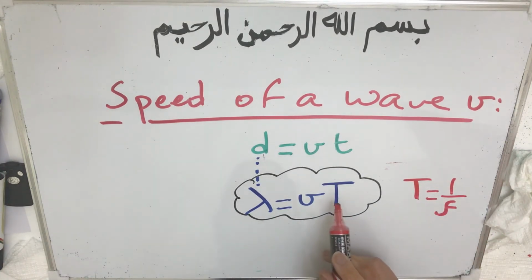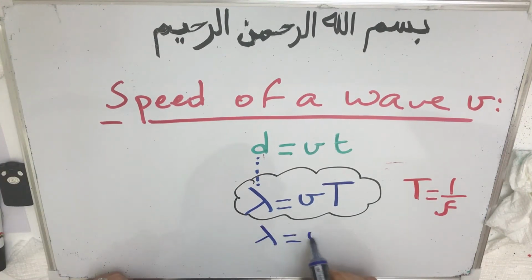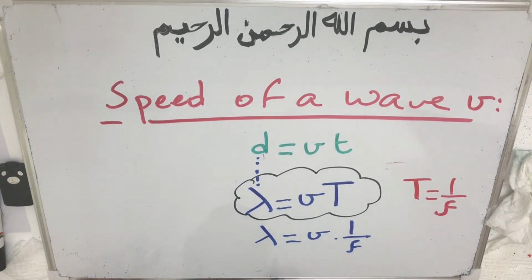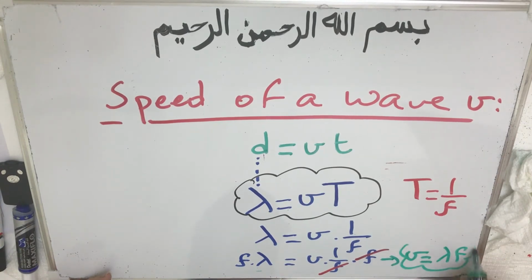So I could substitute for T here: T equals 1 over F. And then I could multiply both sides by F. I'm doing this because I'm after the V, I want to isolate the V, so the F here and the F here cancel out, and I get V equals lambda F. That is the formula that you will be using, okay?